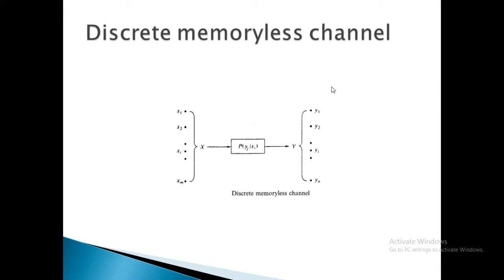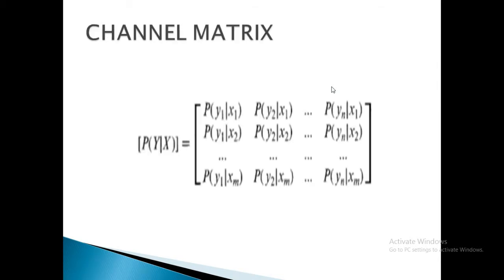This is the channel transition matrix. Here y1, y2, y3 up to yn are outputs, x1, x2 up to xm are inputs, and the channel probability matrix is P of y given x.